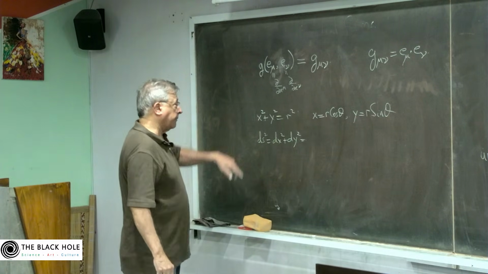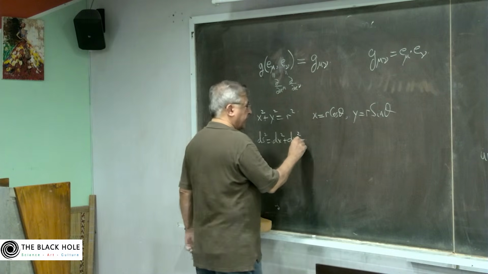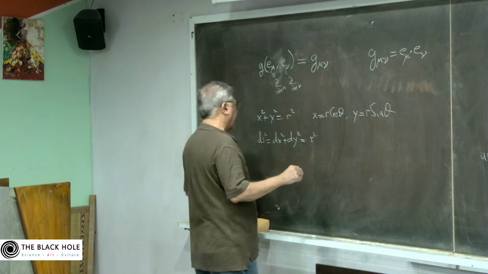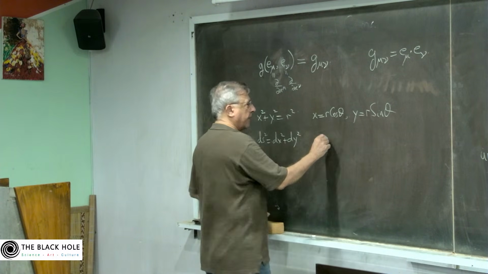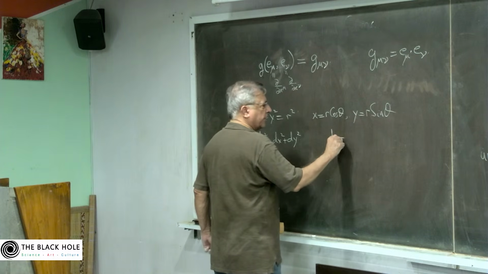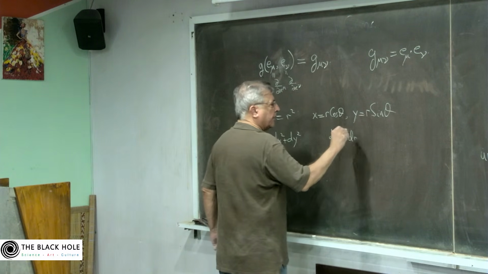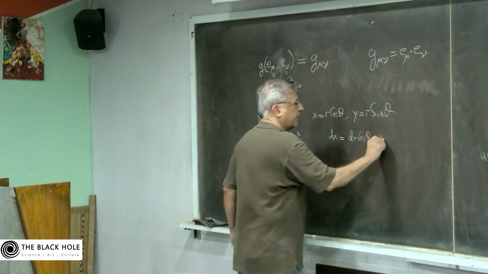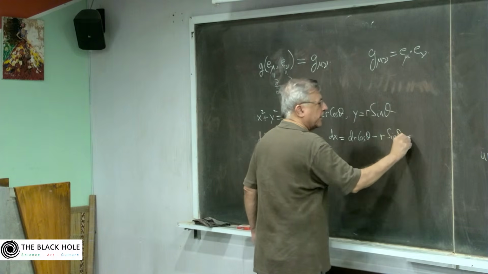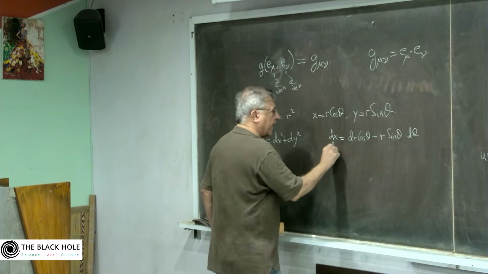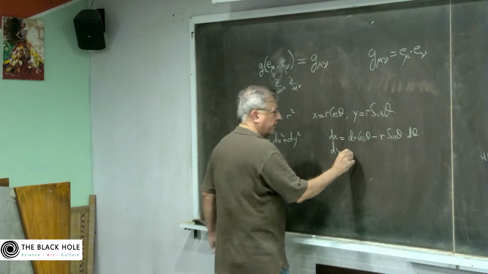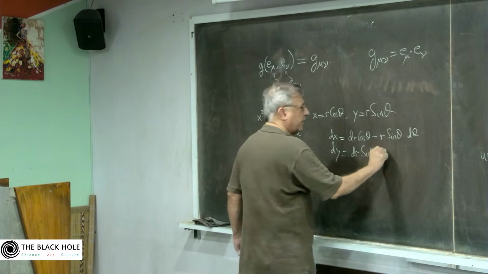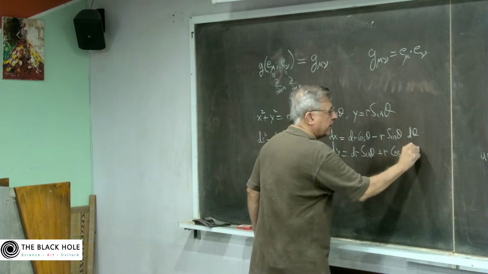well then let's work that out again. So dx is dr cos theta minus r sin theta d theta. dy is dr sin theta plus r cos theta d theta.